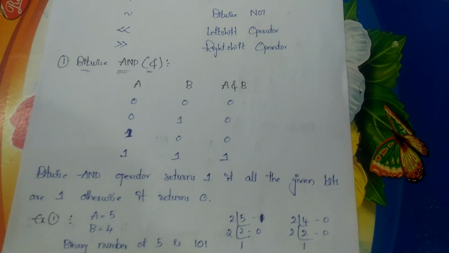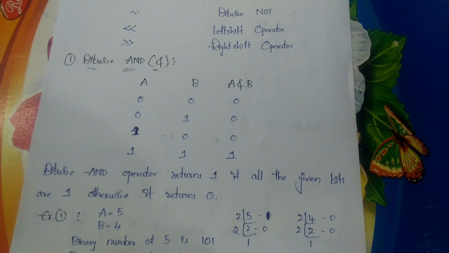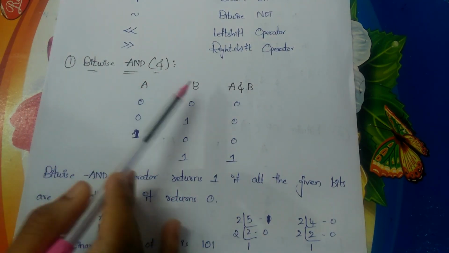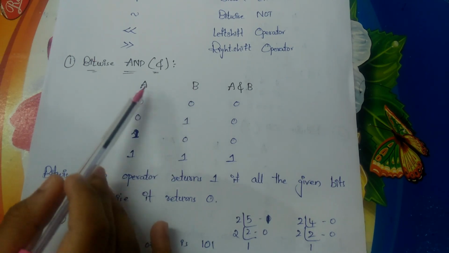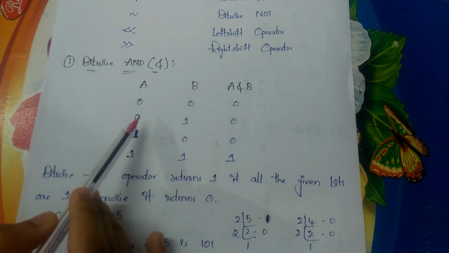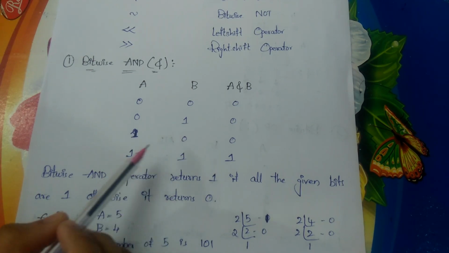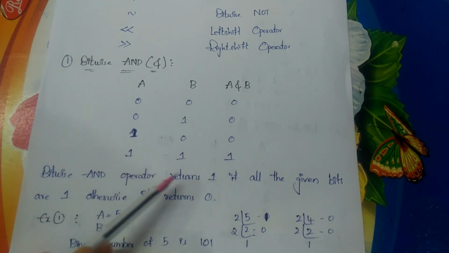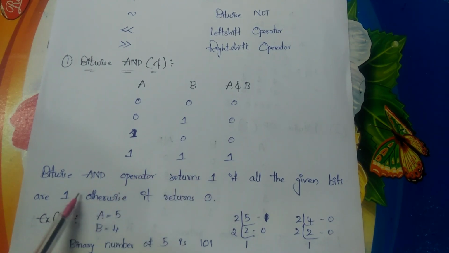Now let's discuss all of these operators one by one. First let's discuss the bitwise AND. In this bitwise AND, for A and B, first we take 0 0 and 0 1, 1 0 and 1 1. The bitwise AND operator returns 1 if all the given bits are 1.